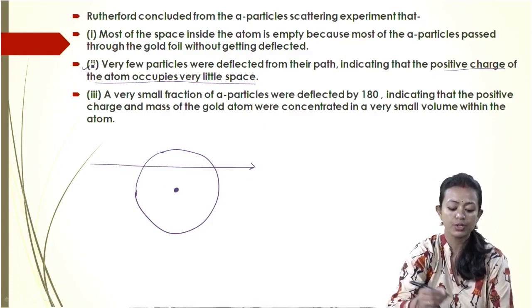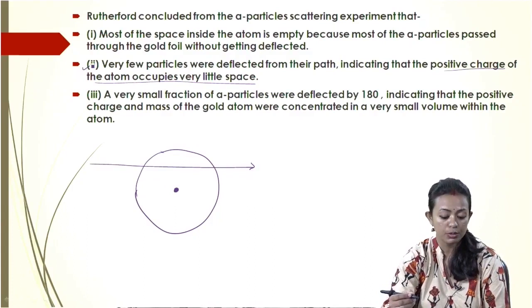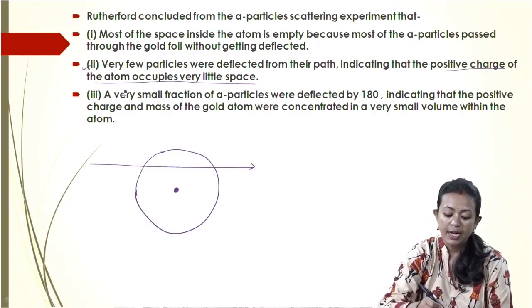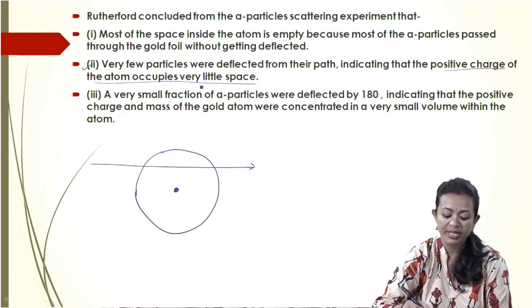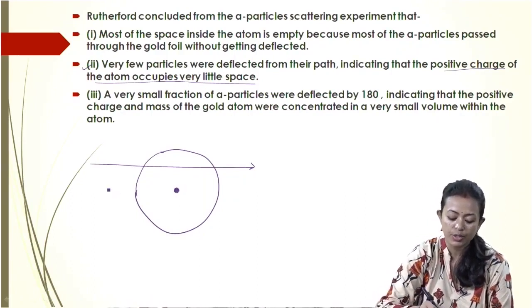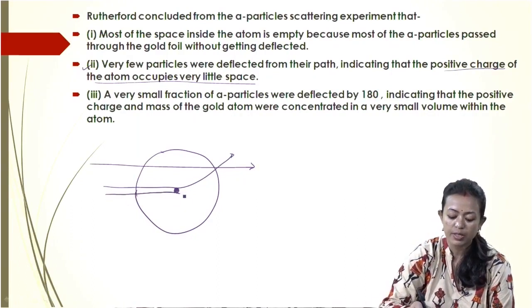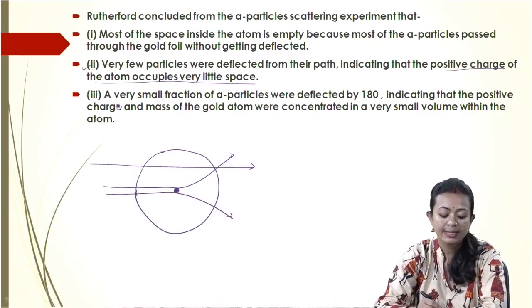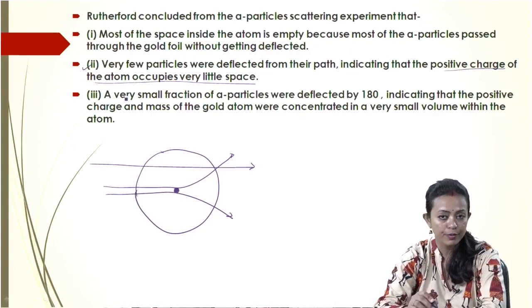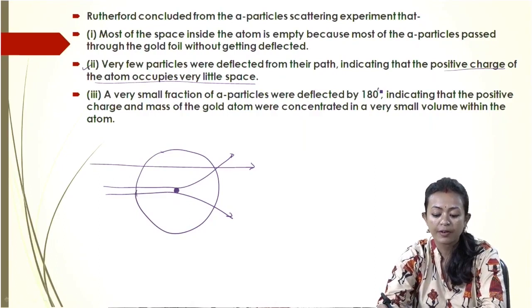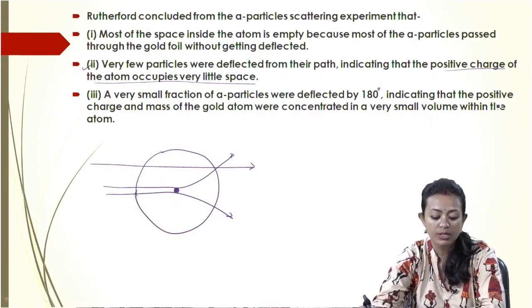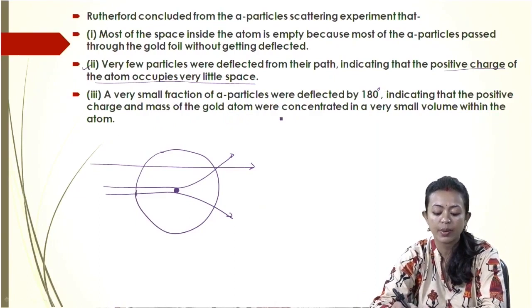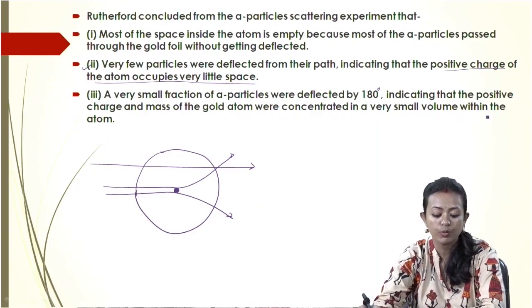According to the second conclusion, the positive charge of the atom occupies very little space and is centrally located, due to which some of the alpha particles got deflected by a very small angle. And the third and most important conclusion that Rutherford made was that a very small fraction of alpha particles were deflected by 180 degrees, indicating that the positive charge and the mass of the gold atom were concentrated in a very small volume within the atom.